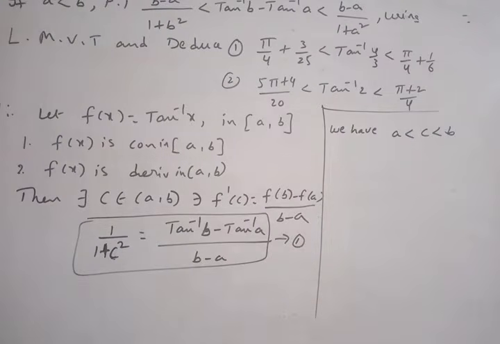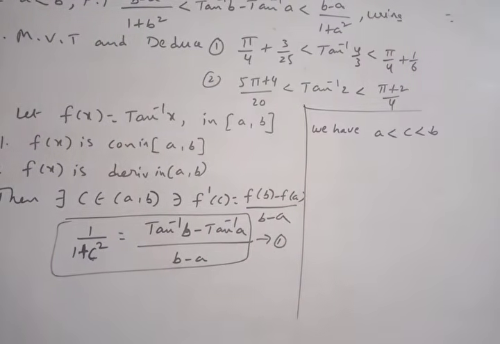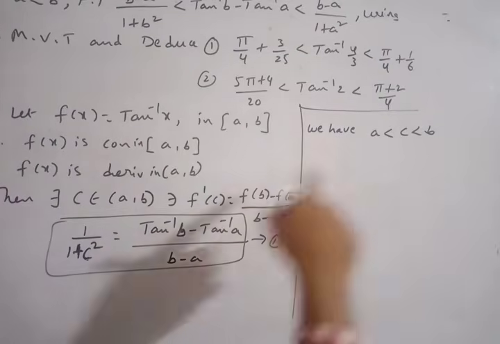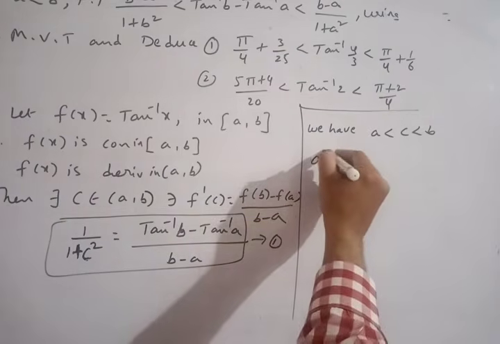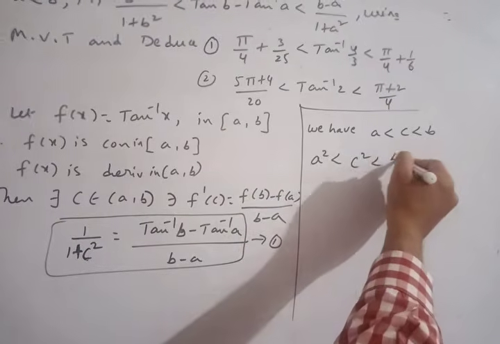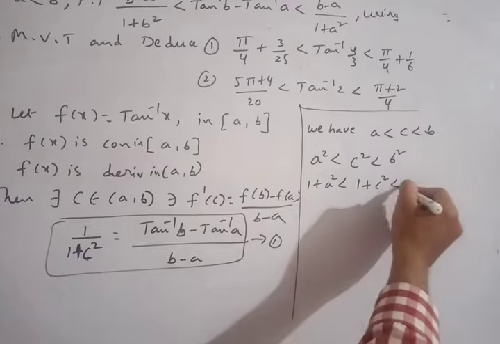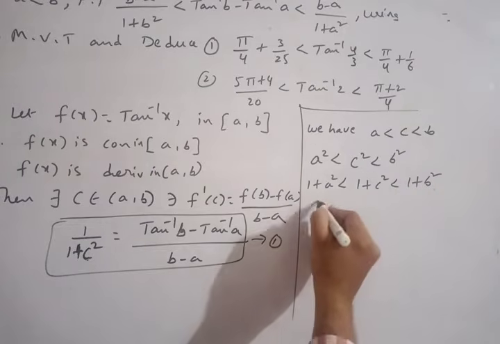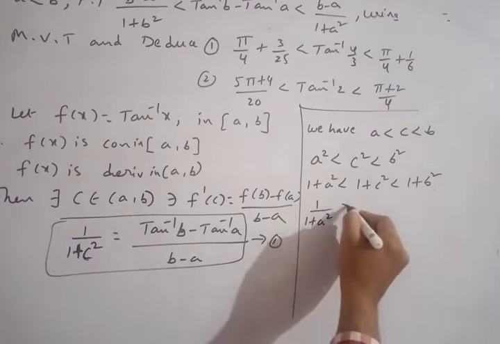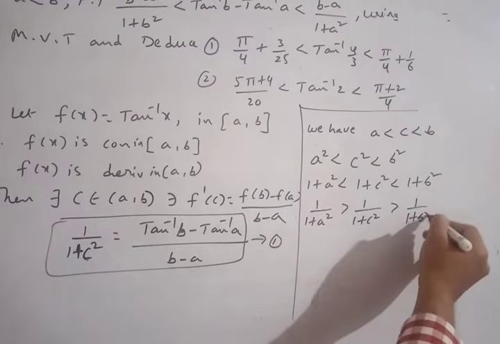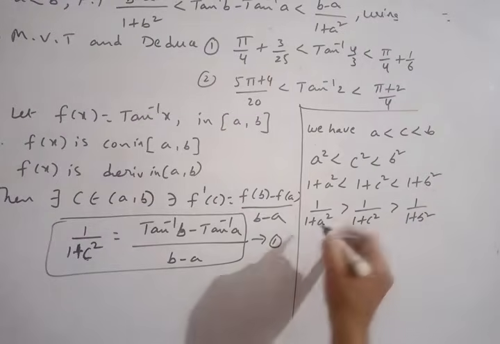Now convert this into 1 by 1 plus c square. How to convert? Squaring on both sides: a square is less than c square is less than b square. Add 1: 1 plus a square is less than 1 plus c square is less than 1 plus b square. And take reciprocal: 1 by 1 plus a square is greater than 1 by 1 plus c square is greater than 1 by 1 plus b square.